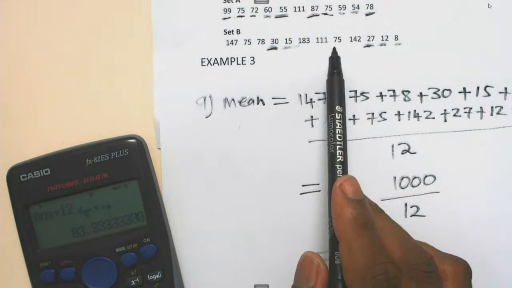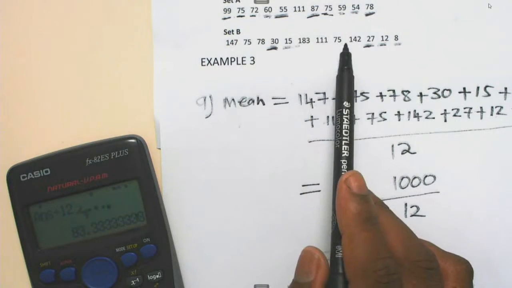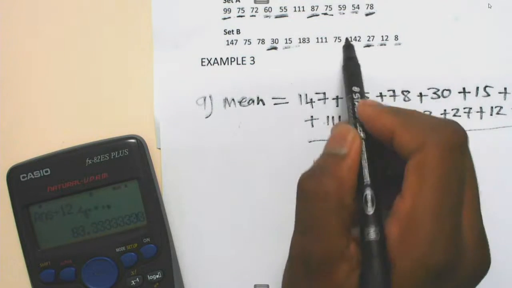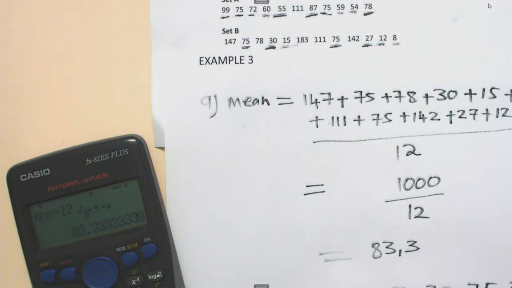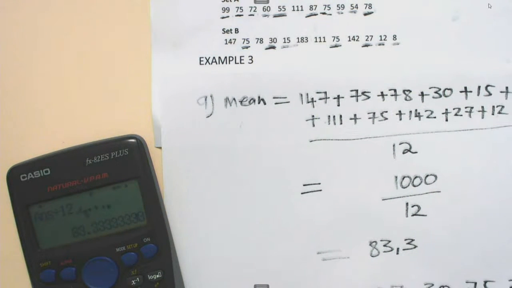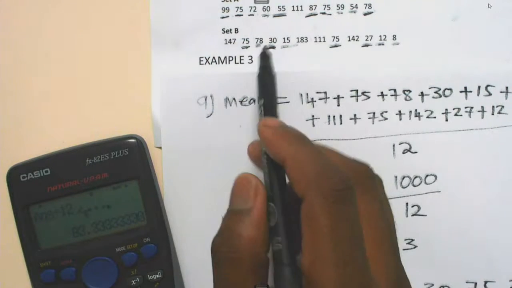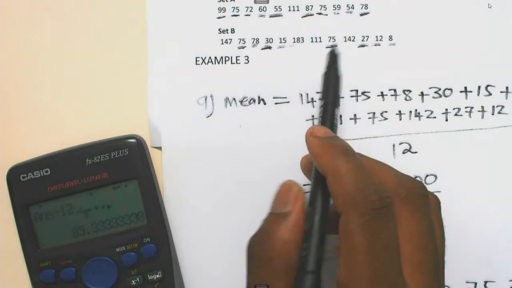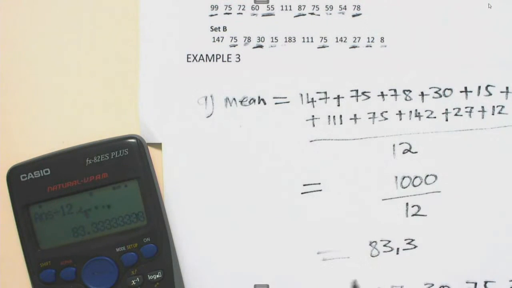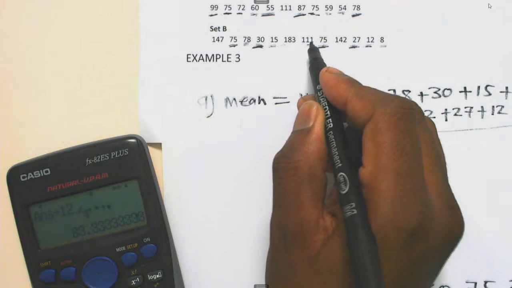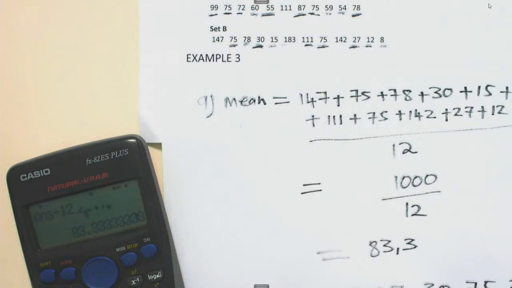In the 70s we have 75, 75, and after those, we have 78. After 78, we have 111, and after 111, we have 142 and 147.